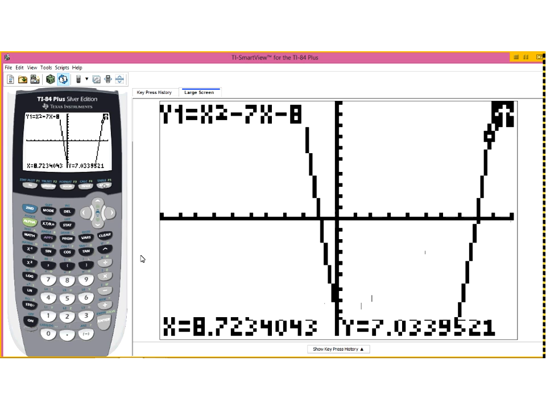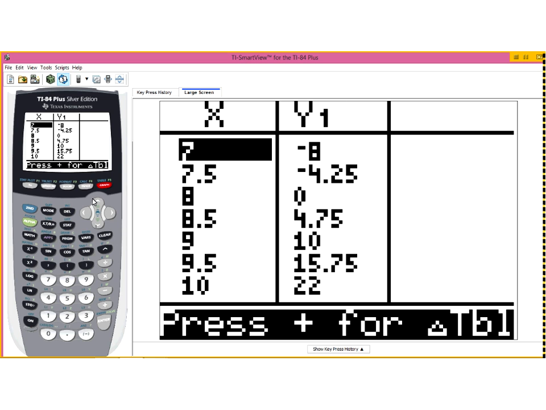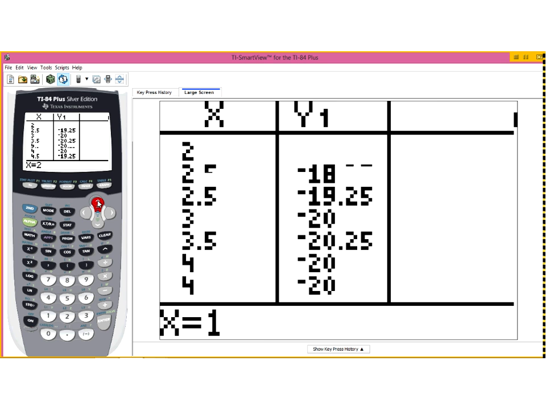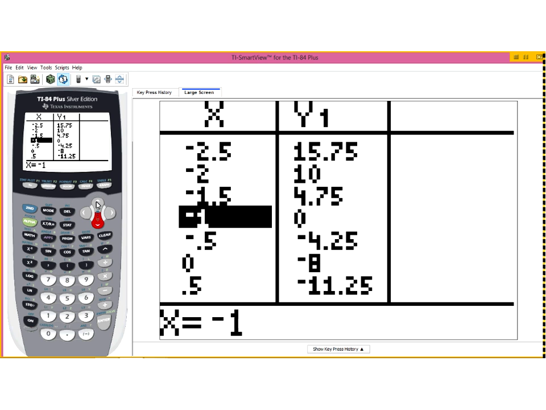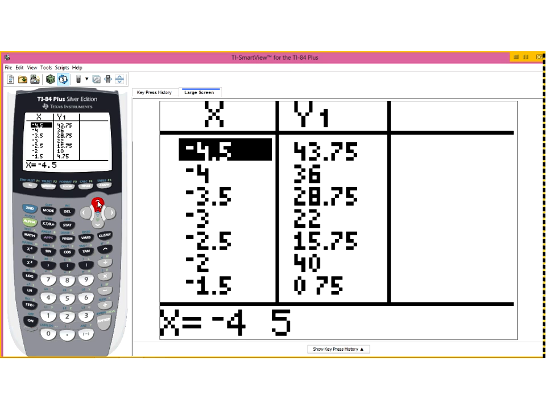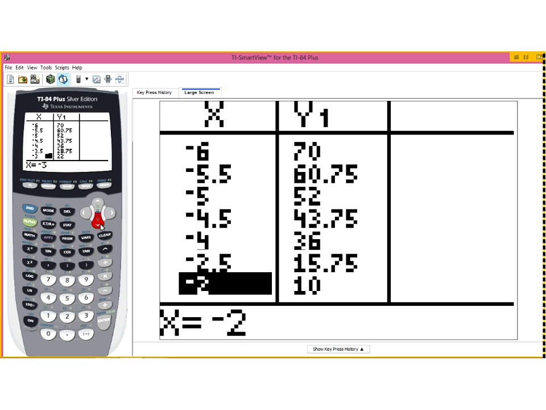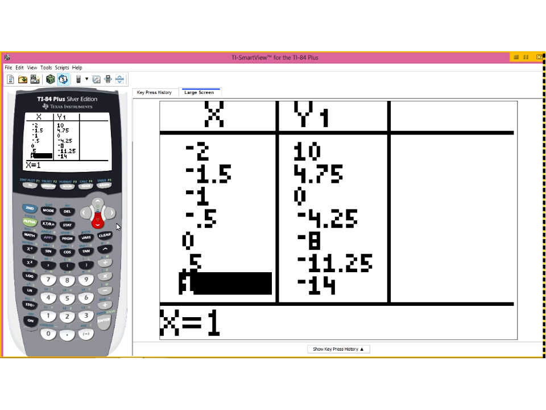Now another way to do this is to go to the table, and I'm looking for y values that are positive. And so I see that at minus 1 it's exactly 0, and then for x values that are smaller, I have positive y values. So everything to the left of minus 1 and everything to the right of 8.